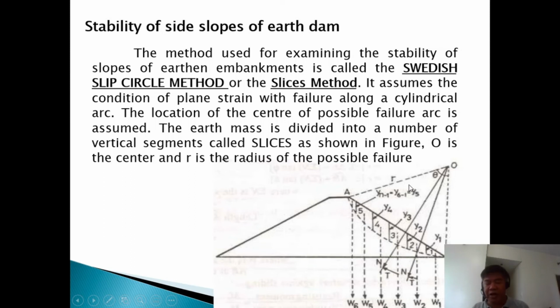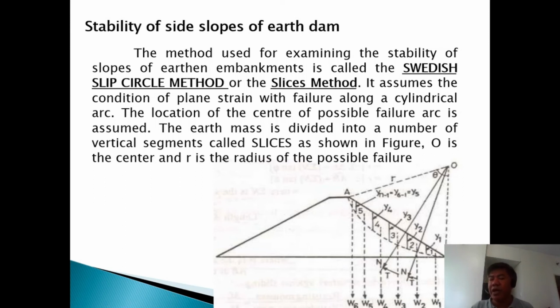According to some of the authors, if the angle of internal friction is lower than 15 degrees, or very low, the curved surface should touch the toe. That is the ideal. Because this is a graphical method, when you have it in the classroom or as an assignment, the assumption is that the curve should always touch the toe, so that when you assume the center, this point O, it is very easy to run the circle.